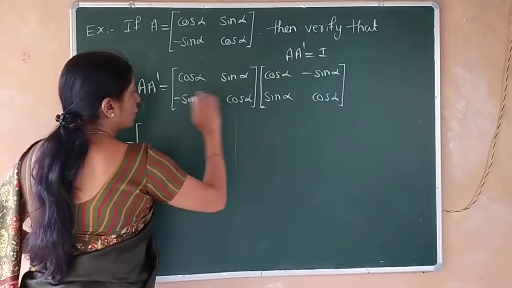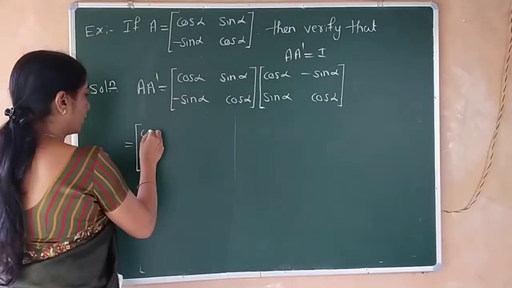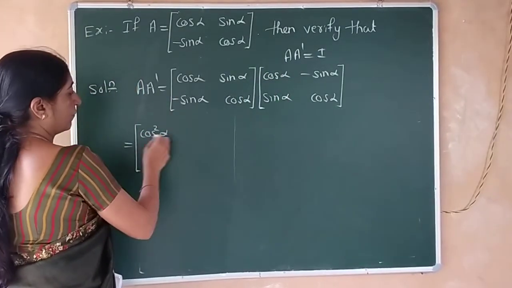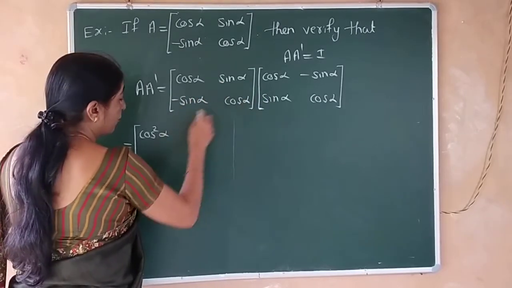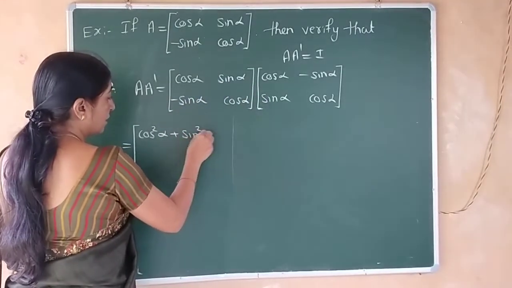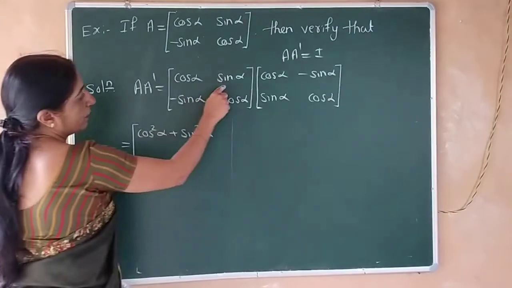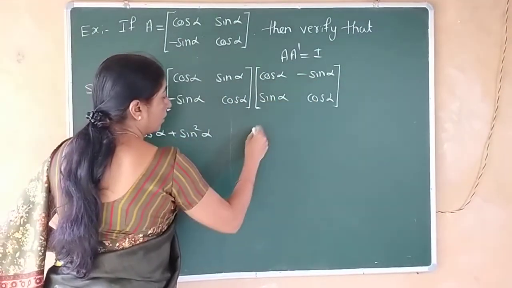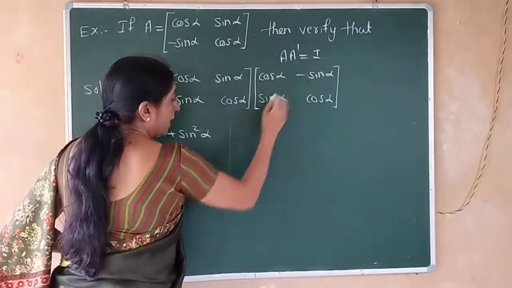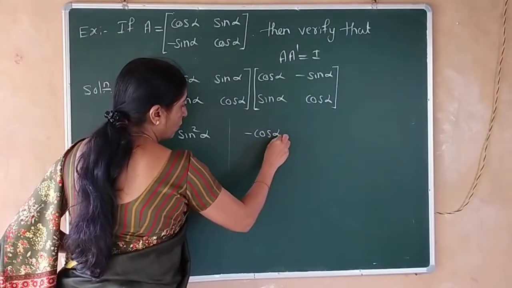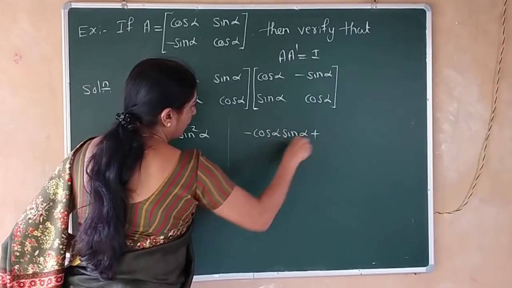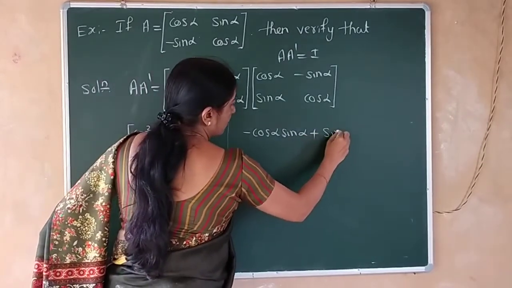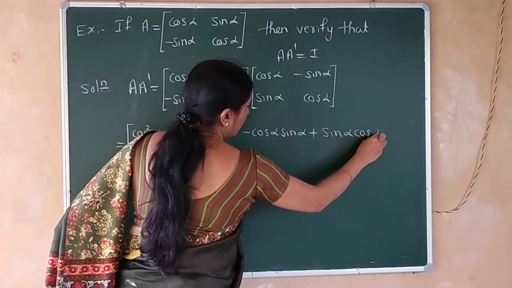First row with first column: cos alpha into cos alpha is cos square alpha plus sin alpha into sin alpha is sin square alpha. First row with second column: cos alpha into minus sin alpha, minus cos alpha into sin alpha, plus sin alpha into cos alpha.